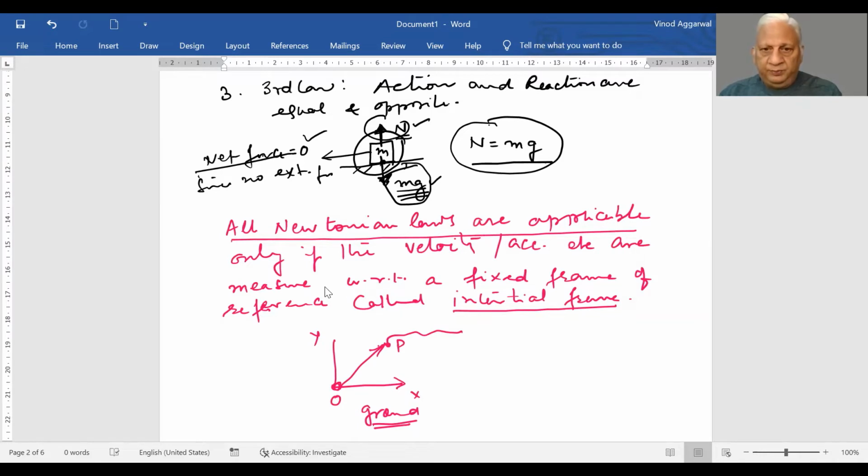Now suppose you are traveling in a bus, you're sitting here, and you throw a ball upwards, which comes down, or there's a fellow passenger sitting next to you.